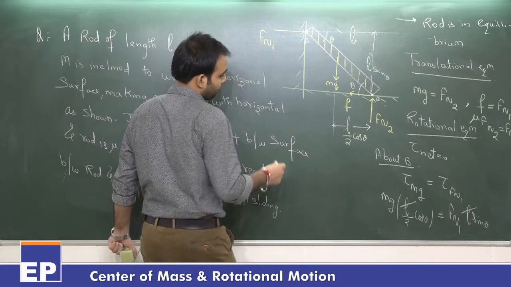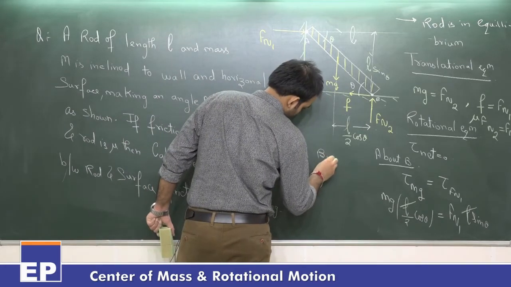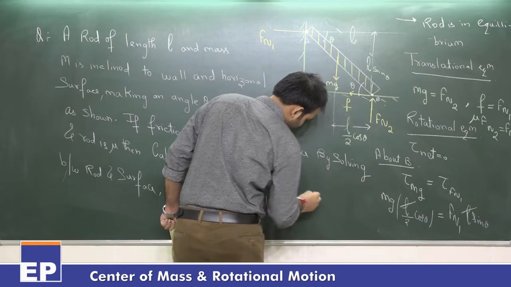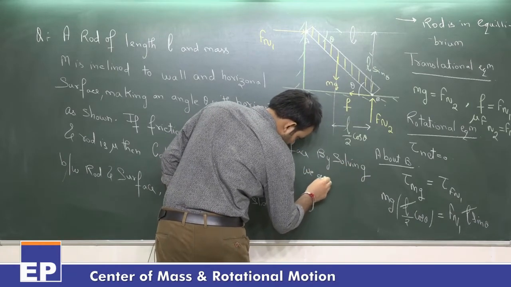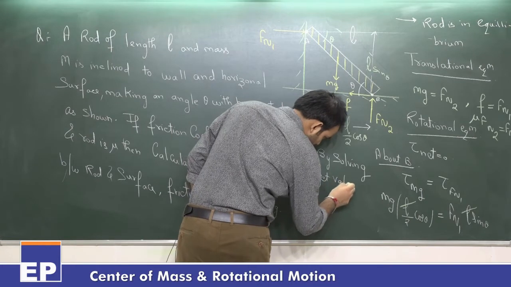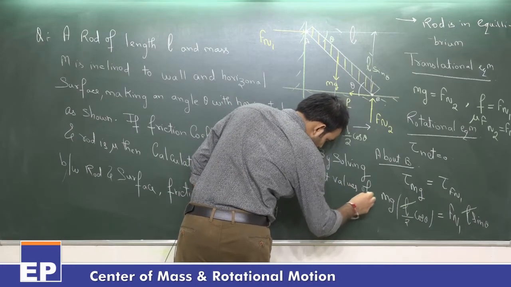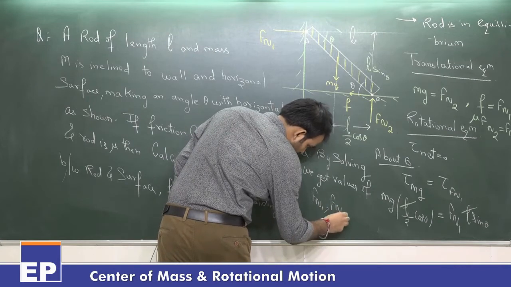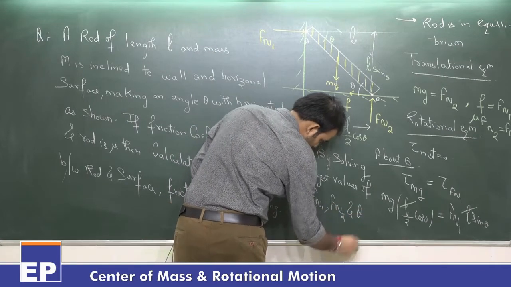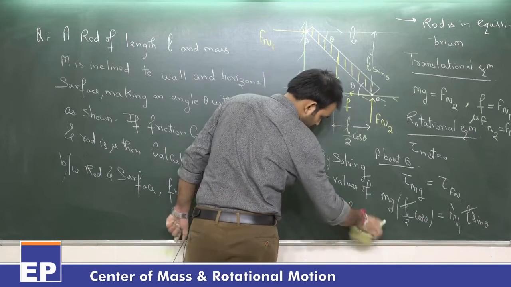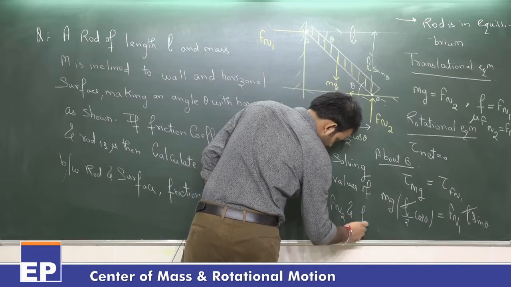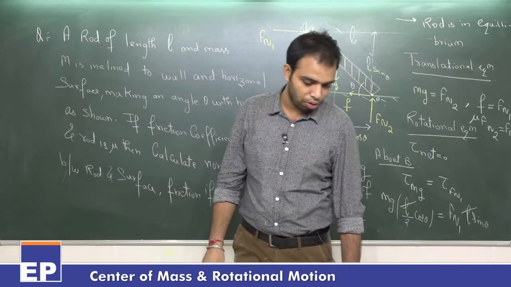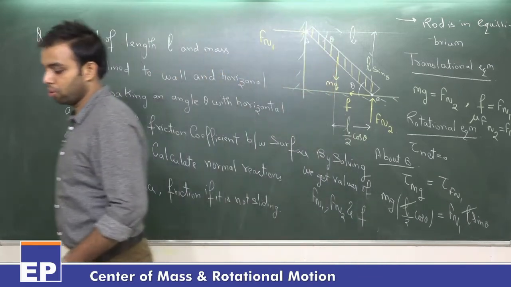So by solving, we get values of Fn1, Fn2, and theta, and friction. So we can calculate the values of those things by solving it. Is it clear? लिखे इसको.